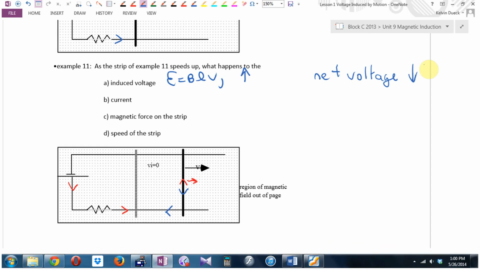Well, current is net voltage divided by resistance. Yeah, it's V total, but since this time I have the voltages in opposite directions, I'll call that the net voltage, the combined. So what happens to the current? Decreases.